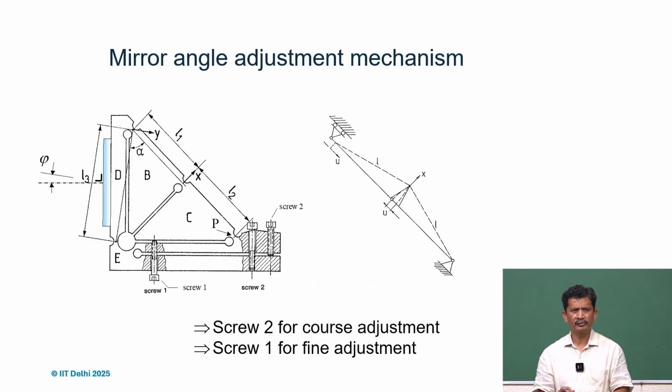Very good examples, and we know that using this method we can do a very small adjustment, so the resolution can be very high. If we are looking for a very targeted application, maybe looking for arc second or arc minute kind of adjustment or resolution, these kinds of elements are very important and should be there.